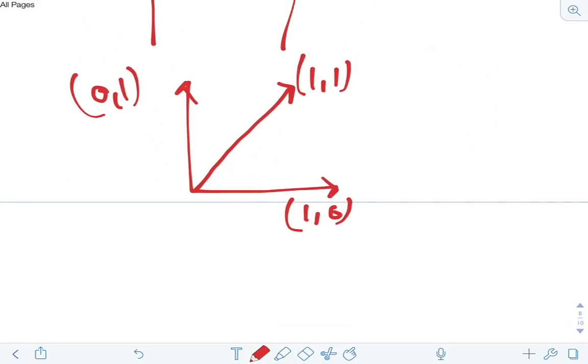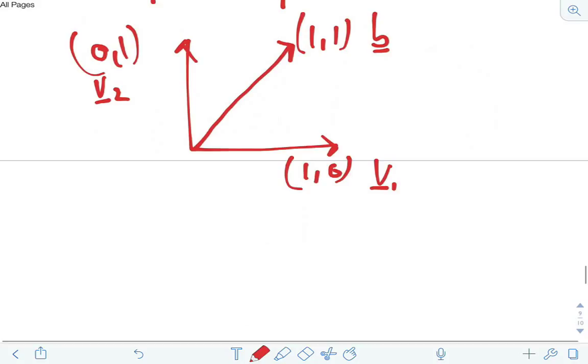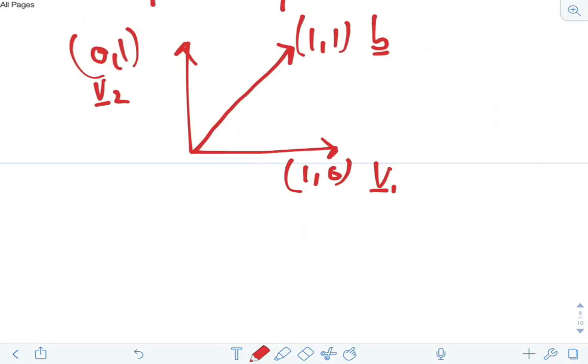Now what happens when I multiply? Well, let's think in the simple case here. This is vector 1 displayed graphically, vector 2 displayed graphically, and b. Can I find a linear combination of v1 and v2 that when summed together make a vector b?